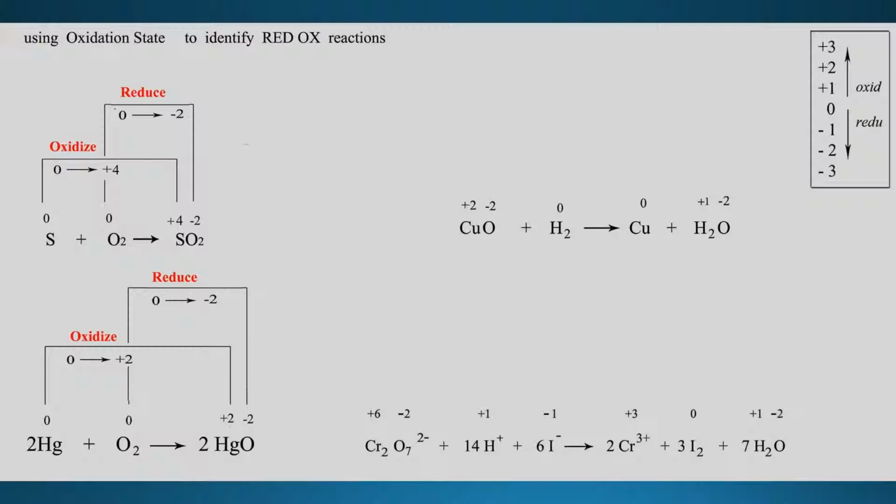Do the right hand side. Copper +2 to 0, you're going down, reduced in charge. Hydrogen 0 to +1, oxidize, you're going up. The remaining oxygen, -2 to -2, no change.